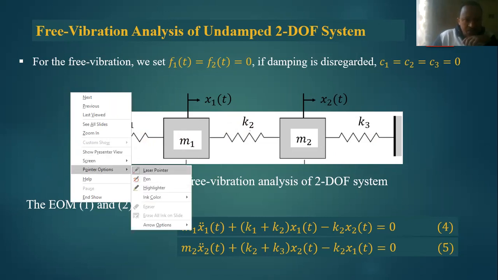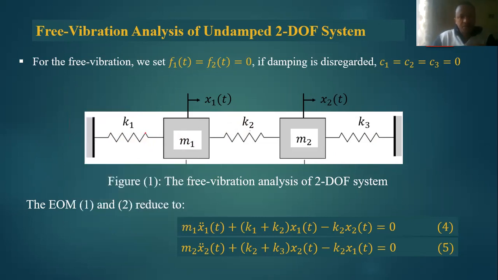If we section this from here and here, we have left mass 1 with spring constant k. Let the arrow be in this direction.